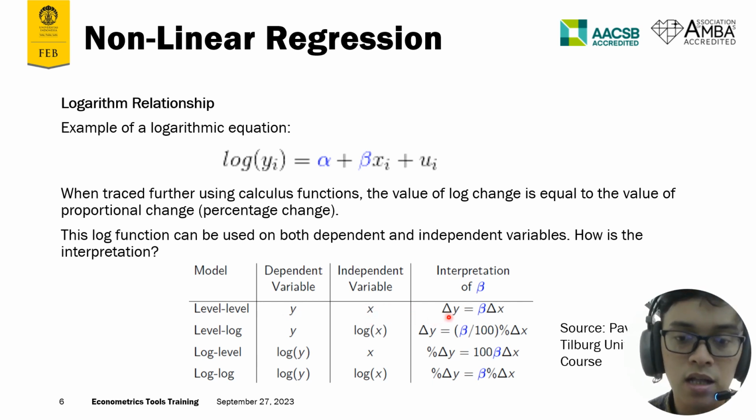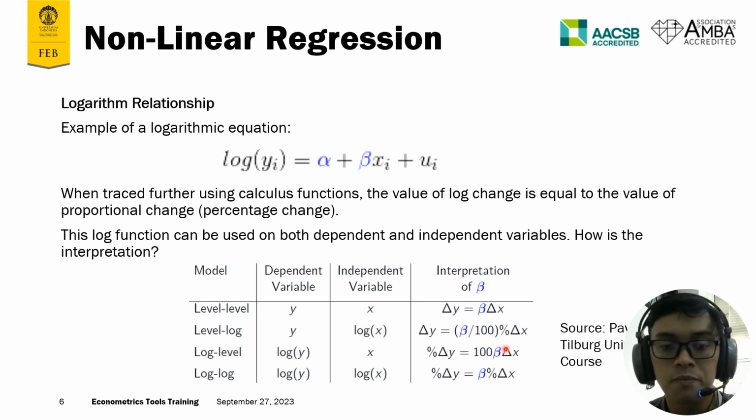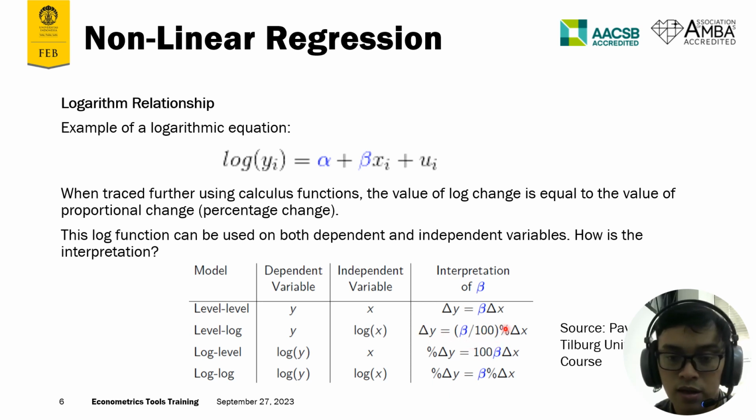The implication is that delta y will increase depending on delta x multiplied by beta. As simple as we've learned in the linear model, it was the linear model at the end. But when we take the logarithm of x, the incremental of y will not just depend on beta multiplied by delta x.